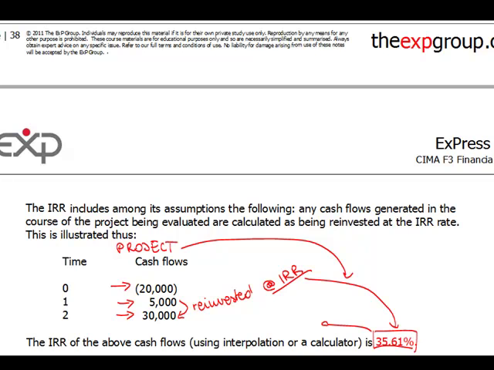Now, it is unlikely that when you just have a little bit of money in your pocket, you are capable of investing that money at the same rate that a project that you undertook first investment 20,000 in to earn you new revenues. In most cases, you will take that 5,000 and put it in the bank, and that will earn you far less interest.